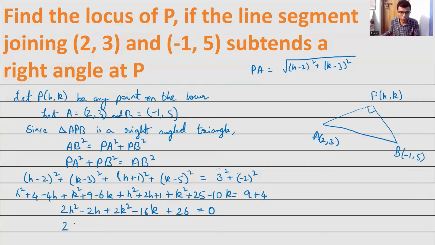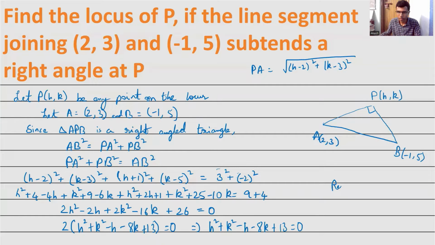So if I'll take 2 common from the entire equation, I'll get h square plus k square minus h minus 8k plus 13 is equal to 0. This implies that h square plus k square minus h minus 8k plus 13 is equal to 0.